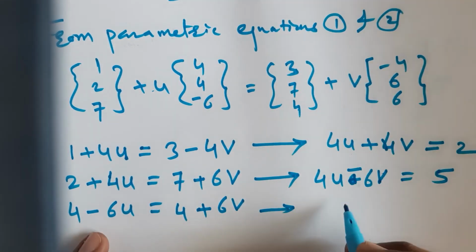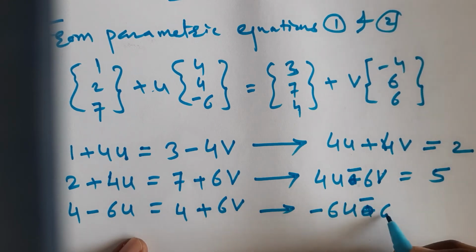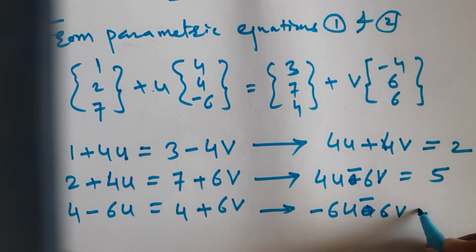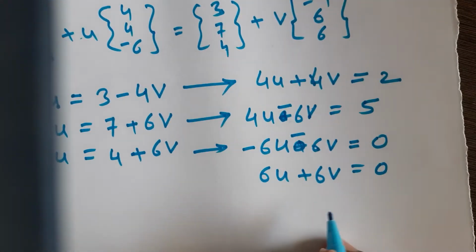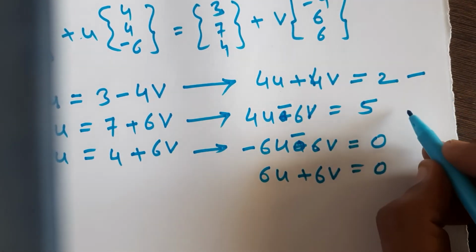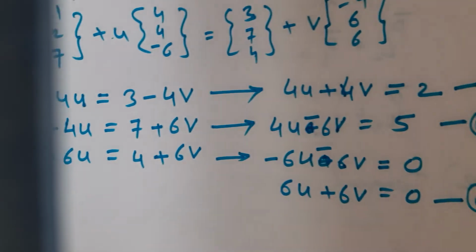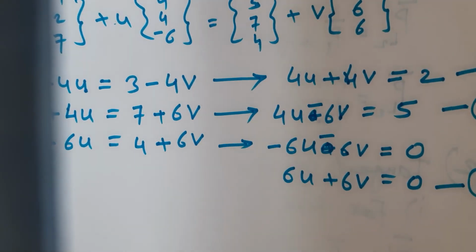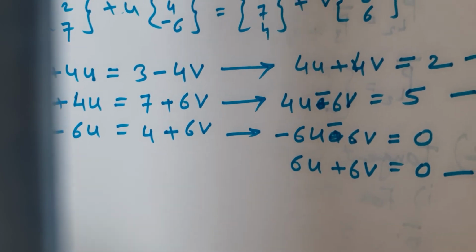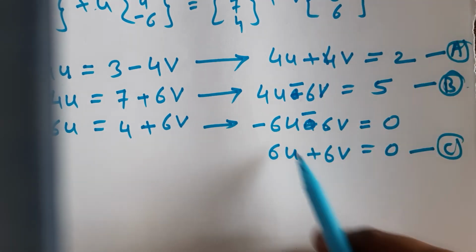Now from the third equation, 6u plus 6v is equal to 7 minus 4, which is 3. You can call these three equations A, B and C. If the two lines L1 and L2 are intersecting, then these equations A, B and C should be satisfied.